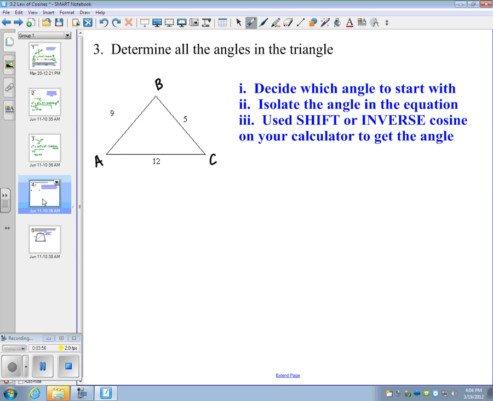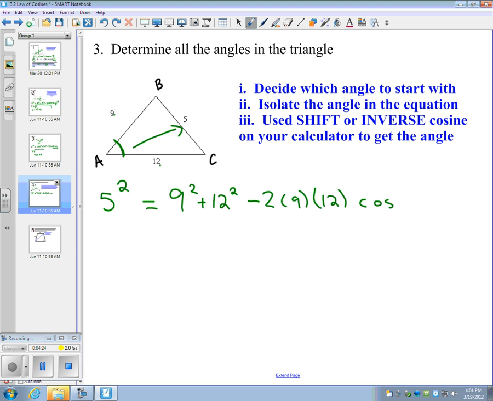So let's start with A. I would look at the side directly across it. 5 squared is equal to 9 squared plus 12 squared minus 2 times 9 times 12 times the cos of A. Now I want to get cos of A all by itself.